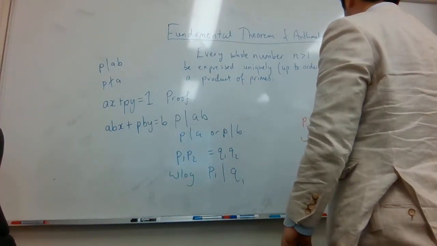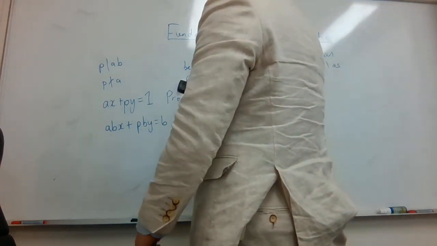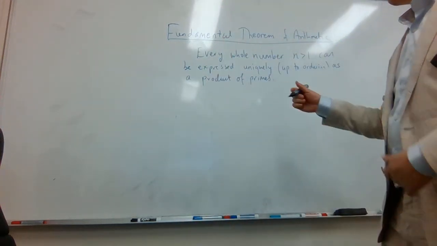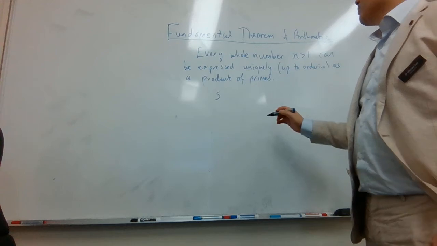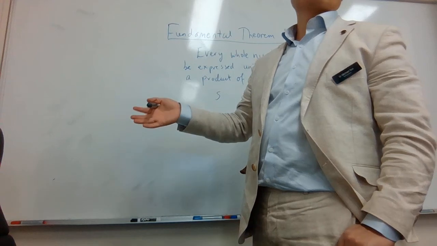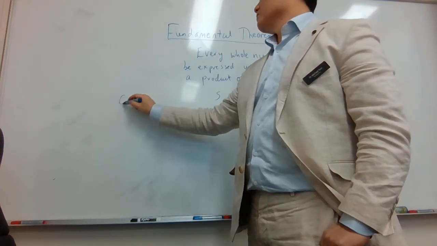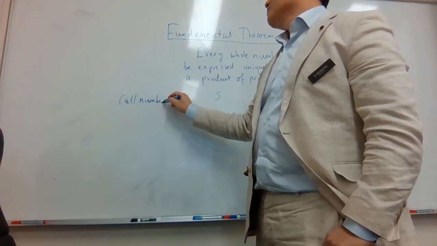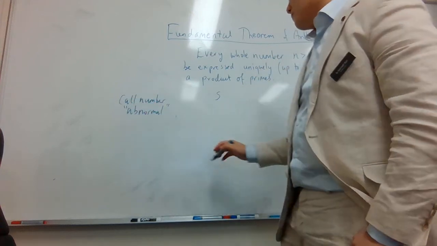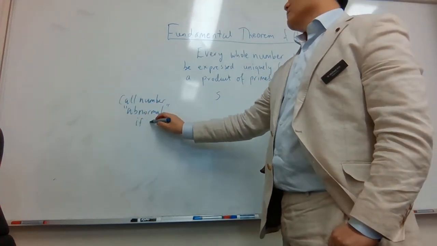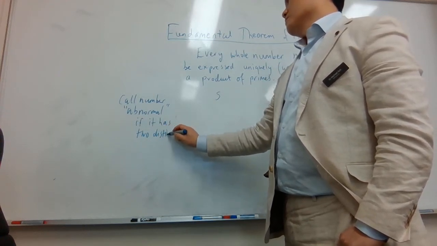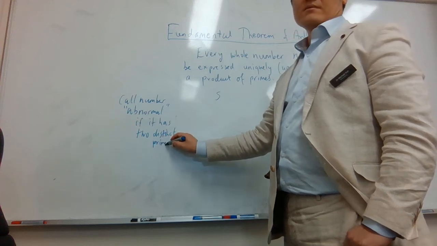I'm following this number theory book by Hardy and Wright. So basically, call a number abnormal if it has two distinct prime factorizations.